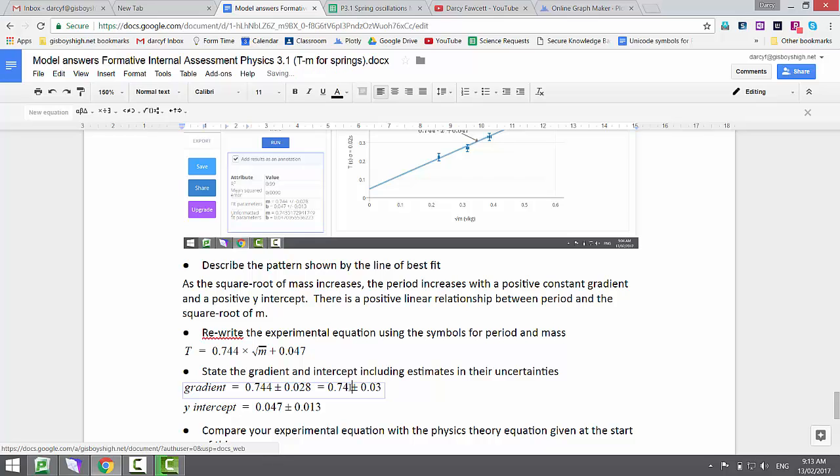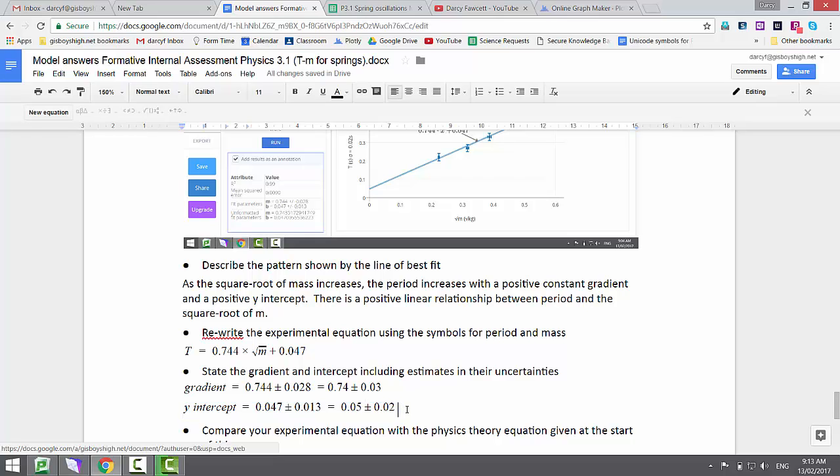So we just drop that figure off there. It rounds to 0.74. This one, let's copy the y-intercept. And this one here rounds to 0.02, not 0.013, because you always round your uncertainties up. And this here would round to 0.05. This rounds normally, because they've got to be at the same level of accuracy, the same decimal place.